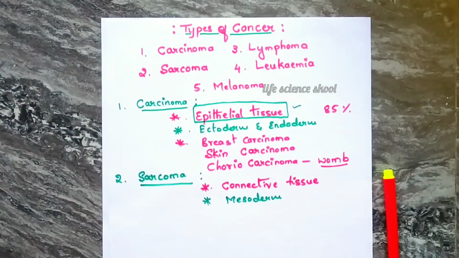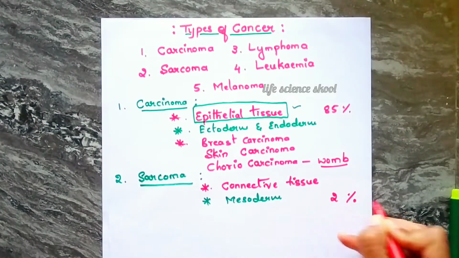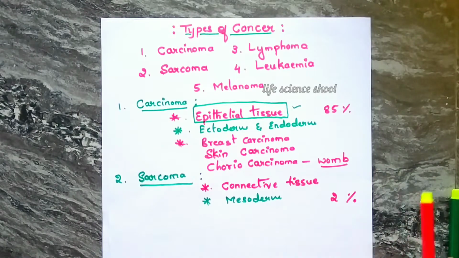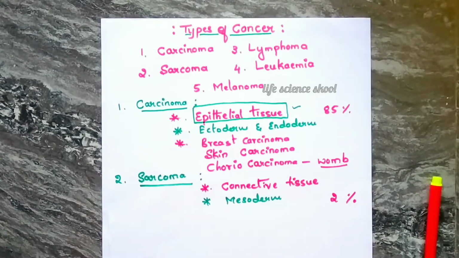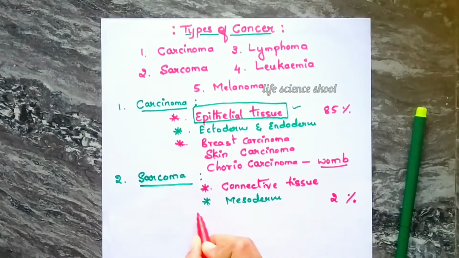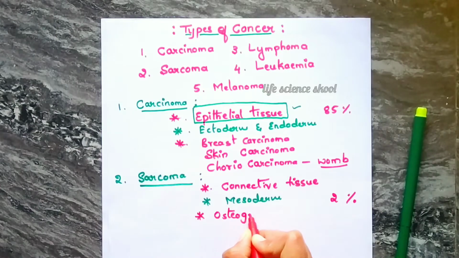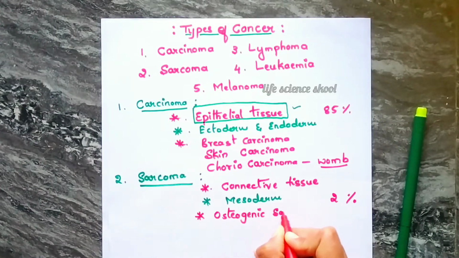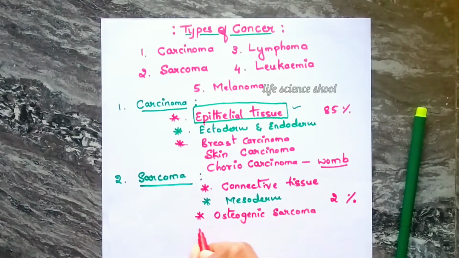And the next point here is that only about 2% of human cancers are sarcomas. How many percent? Only 2%. Examples of sarcomas: the first example is osteogenic sarcoma, and the next example is multiple myeloma.